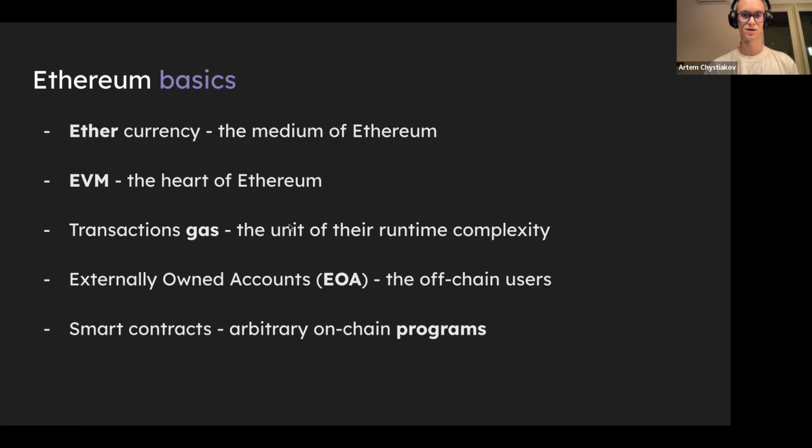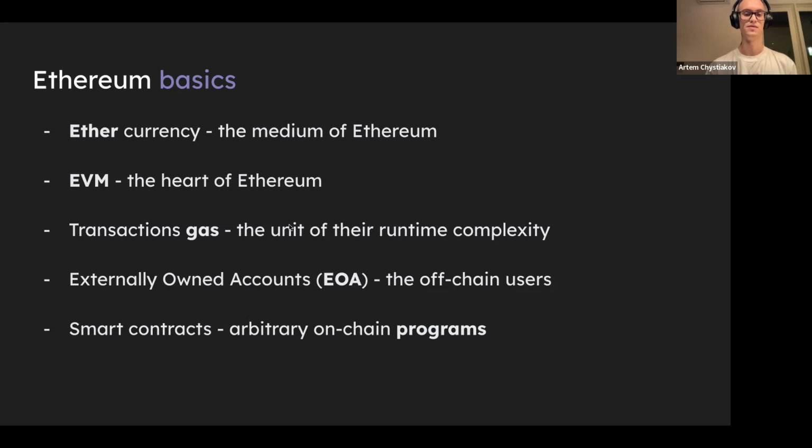How many transactions can Ethereum handle at a given time? It doesn't depend on the number of active nodes. It depends on the congestion of Ethereum. If there are a lot of users and those transactions are heavy, Ethereum will consume few of them.